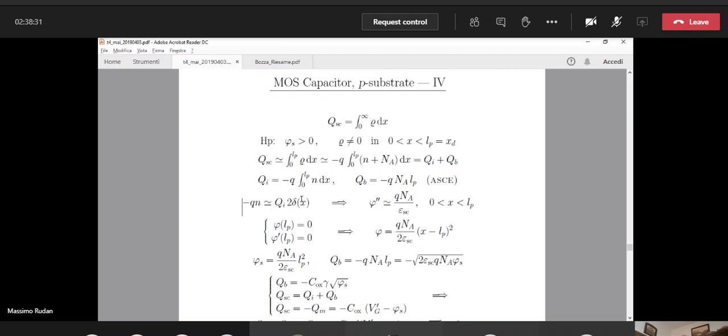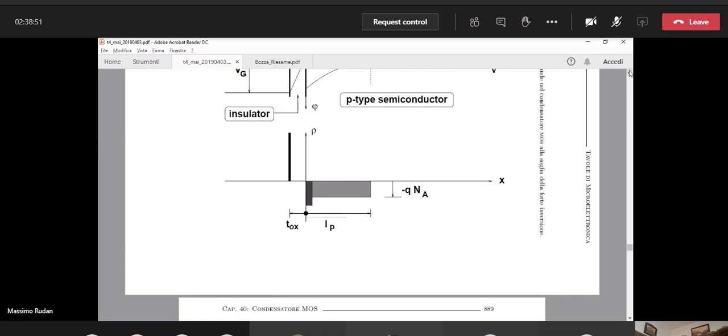So in the rest of the volume between 0 and LP, the charge density is simply minus QNA. This is where the simplification helps.